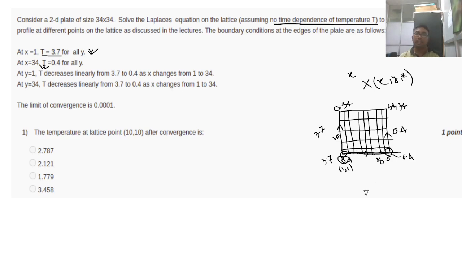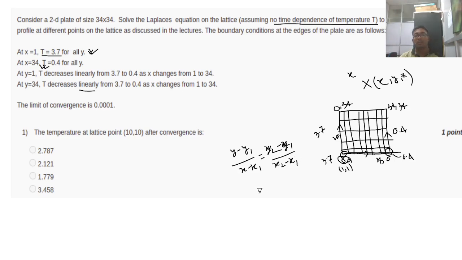So how can we get that? It is decreasing linearly, so we can use the equation (y minus y1) by (x minus x1) equals (y2 minus y1) by (x2 minus x1).